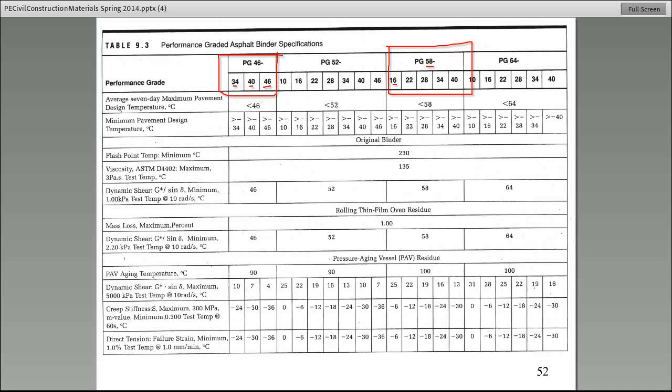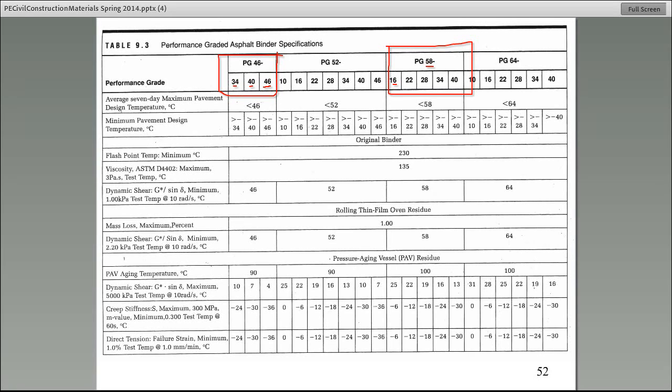I explained to you what each number means. However, what you see on this page and the next page, these are the only standard binders that are available to us. There's nothing else.